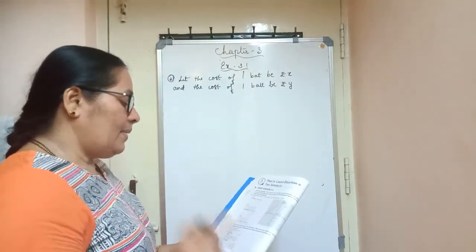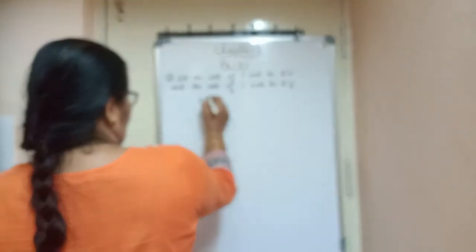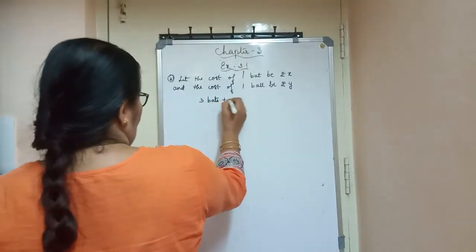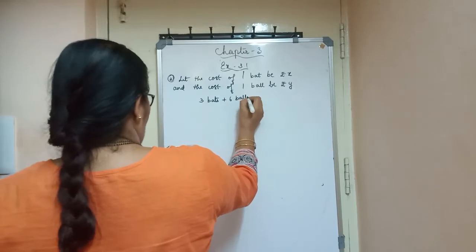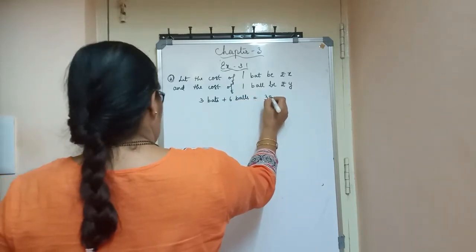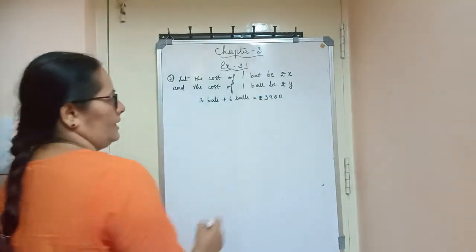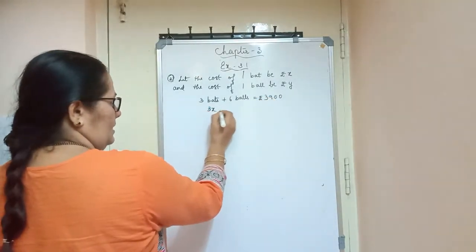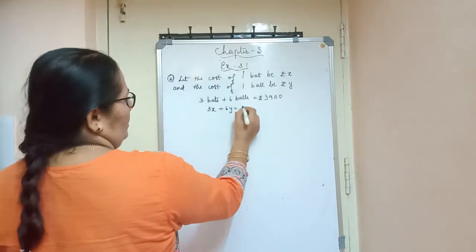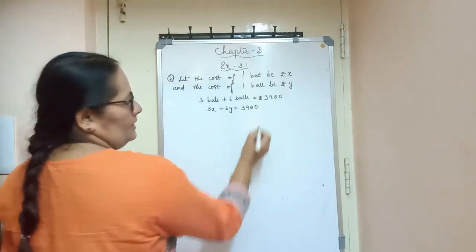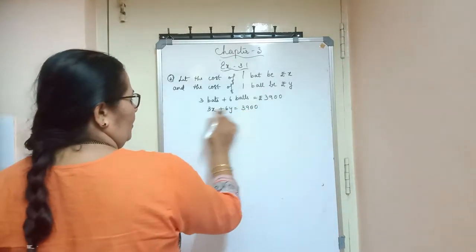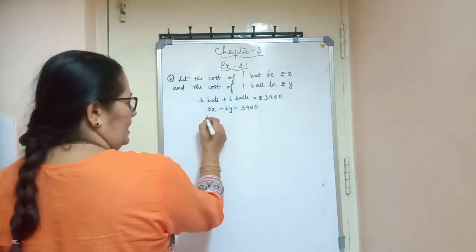Okay. At first condition, first situation, 3 bats and 6 balls together cost 3,900. So that is 3x plus 6y equals 3,900. Now in both LHS and RHS 3 is common.